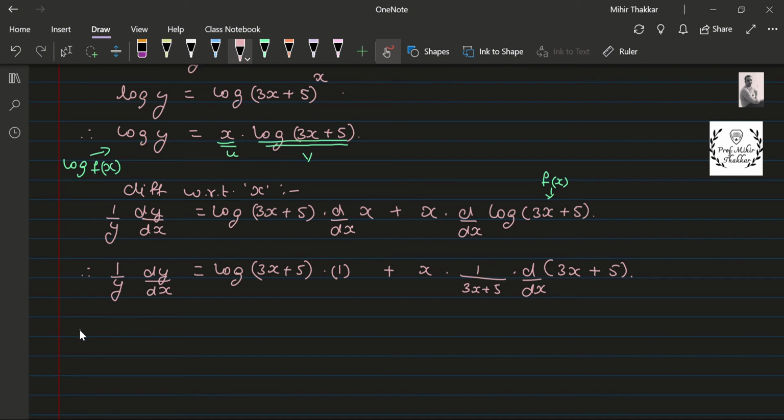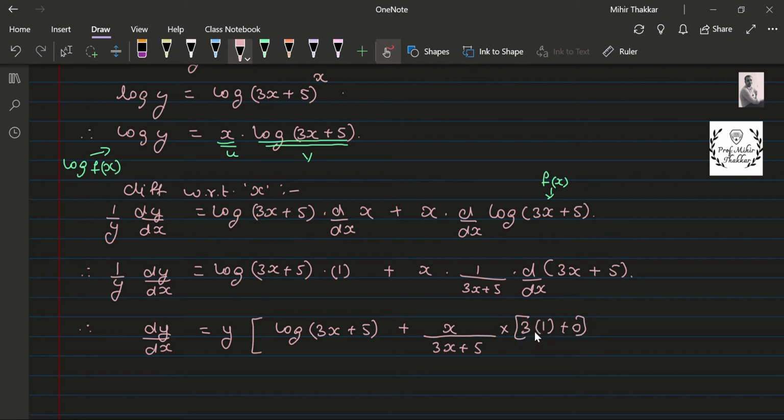Now we leave this dy by dx as it is, cross multiply this y to the opposite side, and I get log 3x plus 5 plus x upon 3x plus 5 multiplied by the derivative of 3x plus 5, which will be 3 into 1 plus 0, which is just 3.